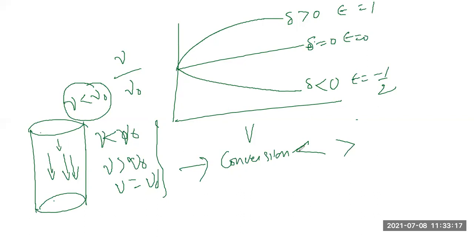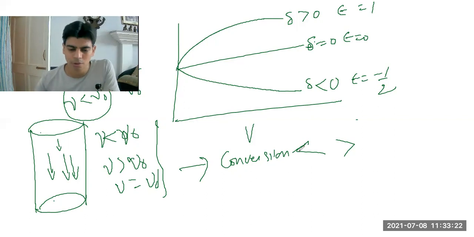So this is important from the practical side. Just try to correlate this with how you would look at things when you have these kinds of scenarios practically. Look at the reactor and relate the speed with which reactants are flowing, and look at the reaction, whether there is an increase or decrease in the number of moles.